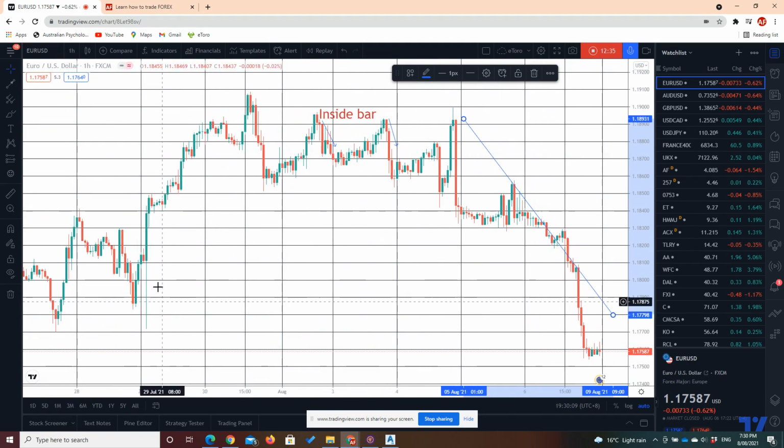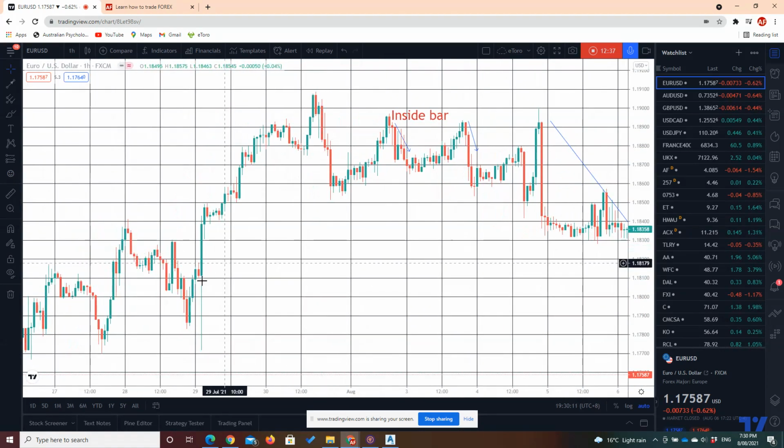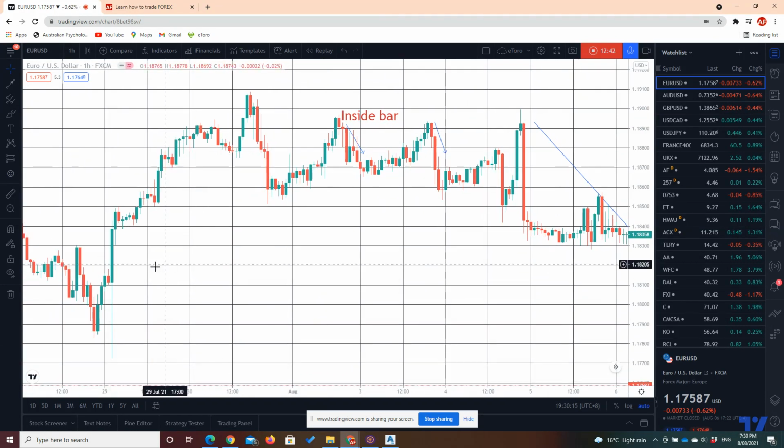And on the other side, the big green ones like this, you can see how big. This is a very interesting one. Sellers tried really hard here and pushed the price down to 1.177 something, and then price took over and they made a very big green candle.